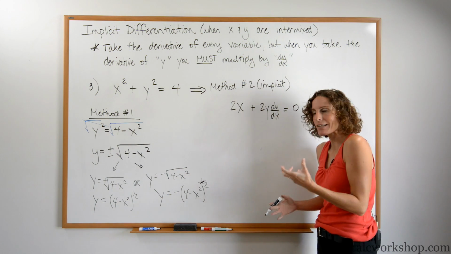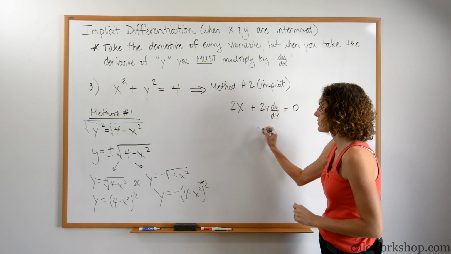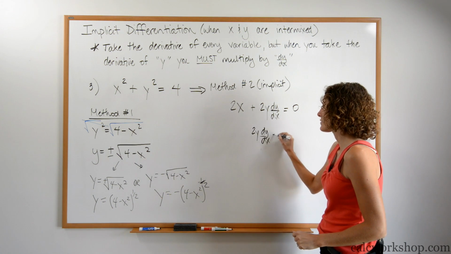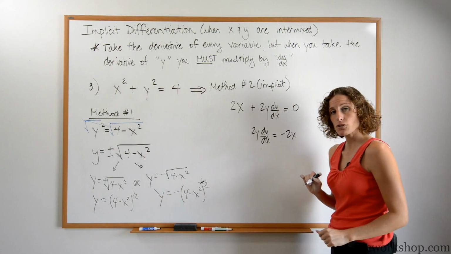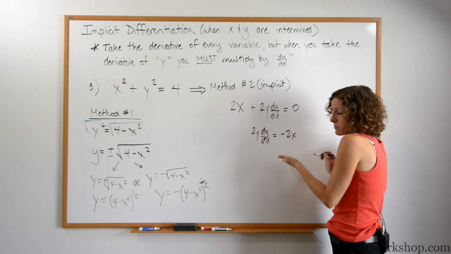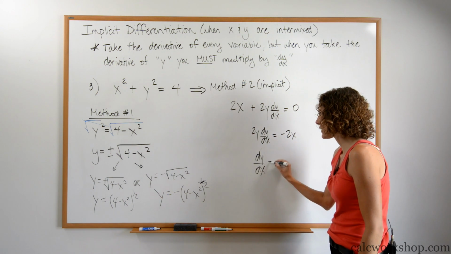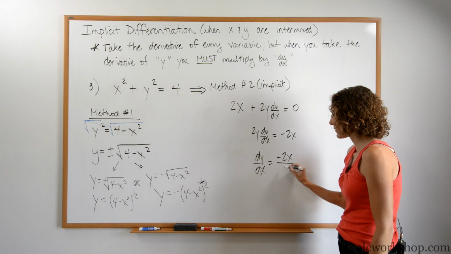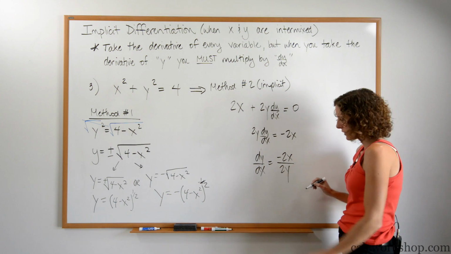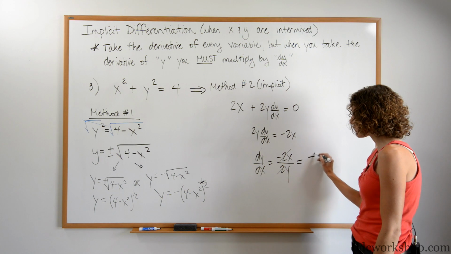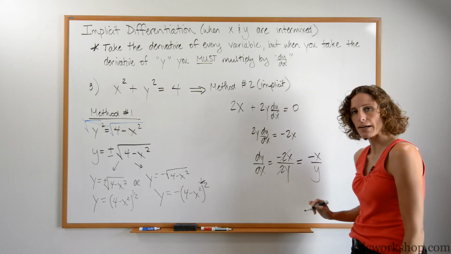Let's subtract the 2x. So 2y dy dx equals negative 2x. Let's divide by 2y. Dy dx equals negative 2x divided by 2y. Can we simplify? Sure. The 2's cancel, meaning the derivative is negative x over y.